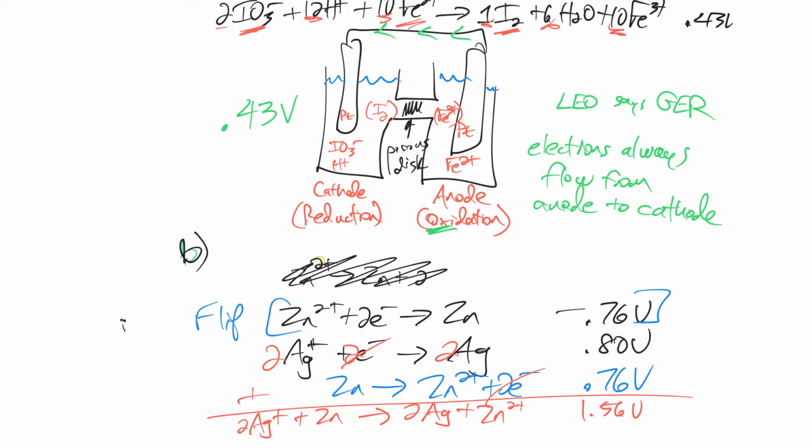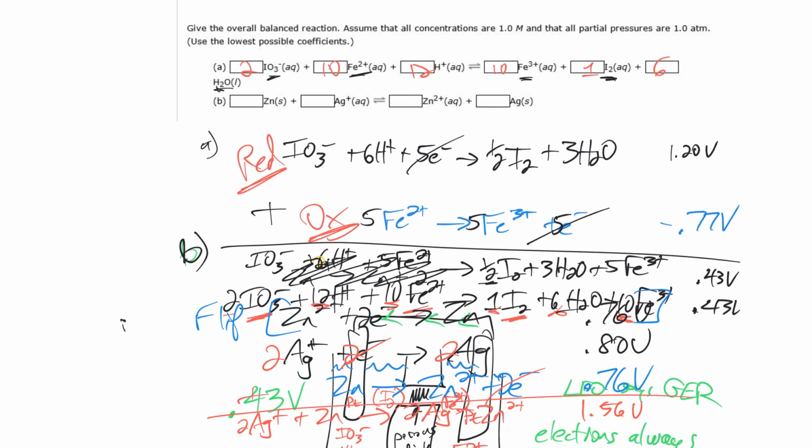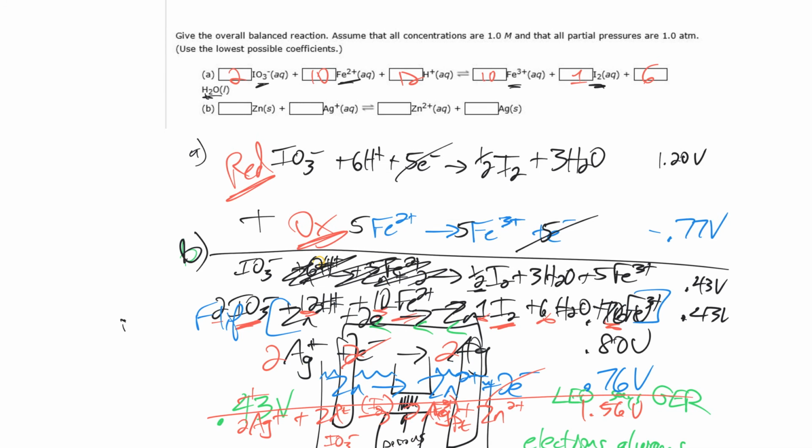And if we look at the problem up above, and they want us to fill in the boxes, we have a coefficient of 1 on the left side in front of neutral zinc, a 2 on the left side in front of silver ion, a 1 on the right side in front of zinc ion, and a 2 on the right side in front of neutral silver.